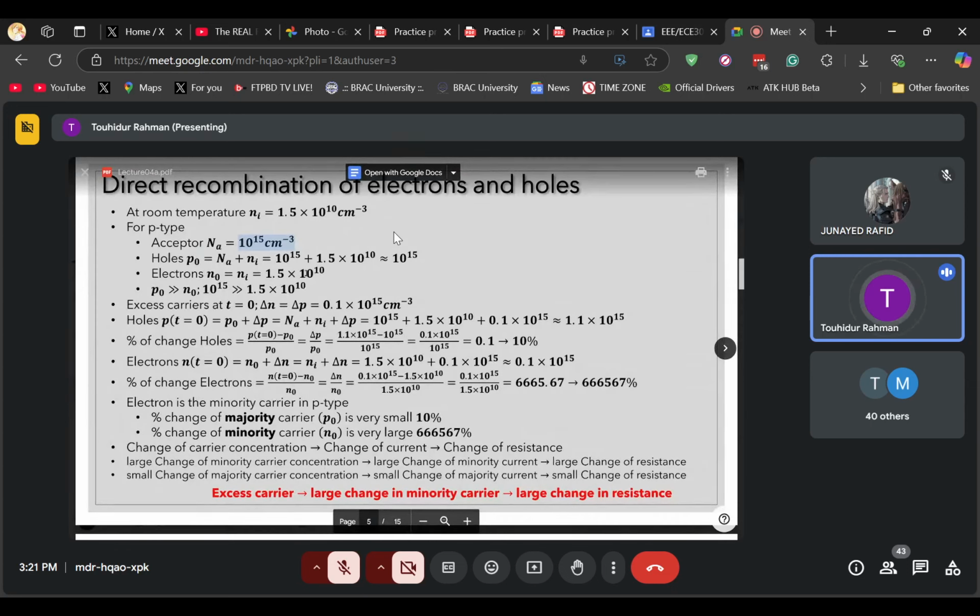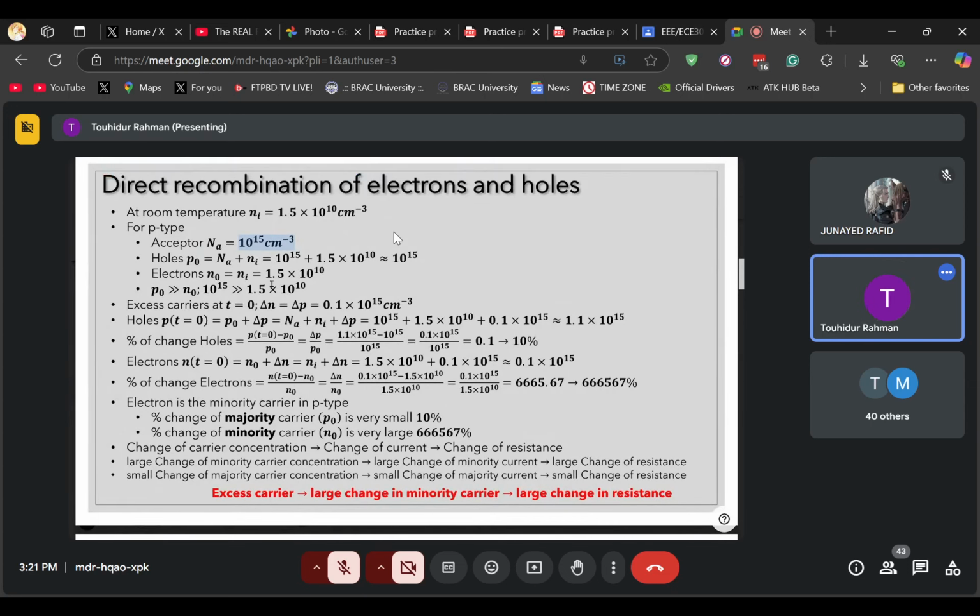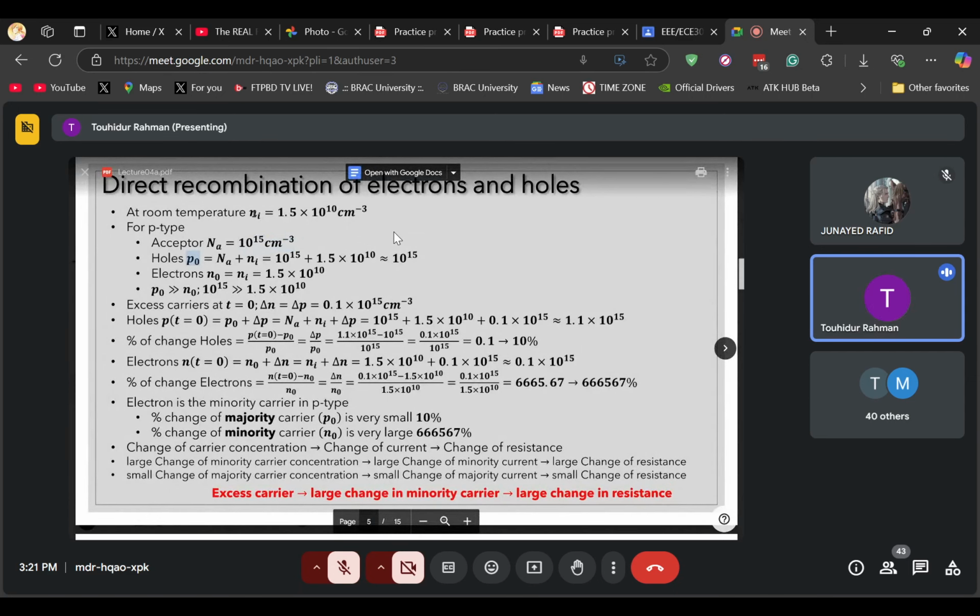Now how can I calculate n0? We have p0 given, ni given, we don't know n0 yet, so from ni squared equals p0 n0, we can calculate n0 equals ni squared divided by p0. That's why that equation is so important.